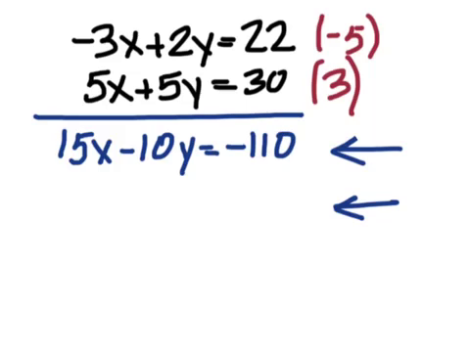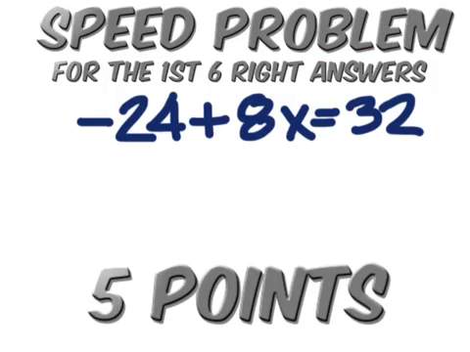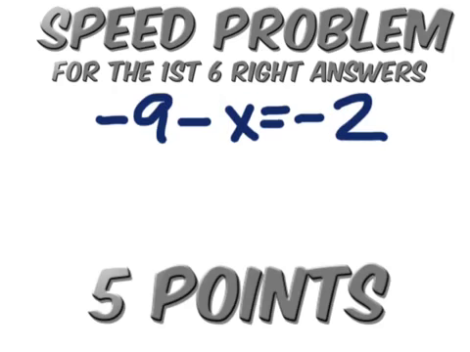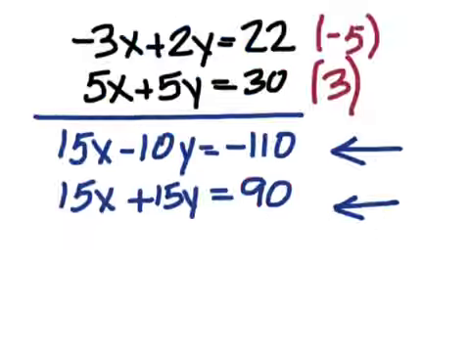Second equation multiplied by 3. This goes to the first 7. Answer is negative 7. And if you have 15x plus 15y equals 90, then come on up.